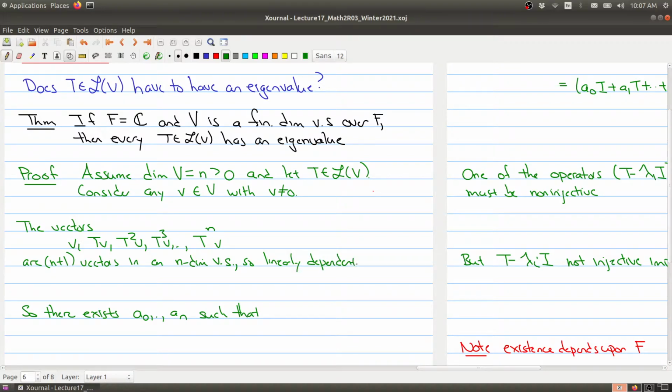Okay, so there has to be a linear dependence relation among them, because you can't have n+1 linearly independent vectors in an n-dimensional vector space.